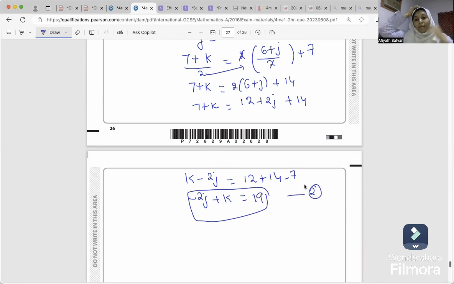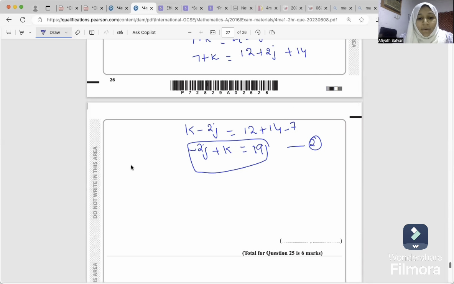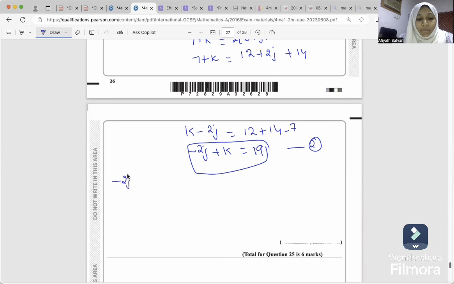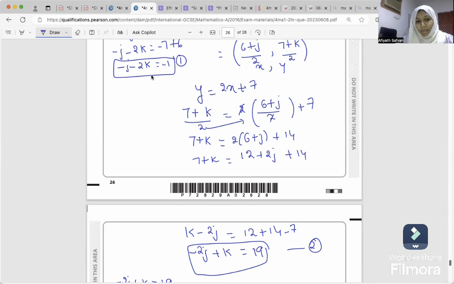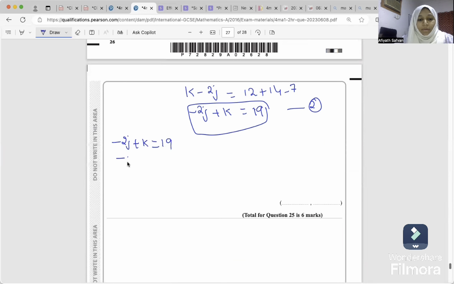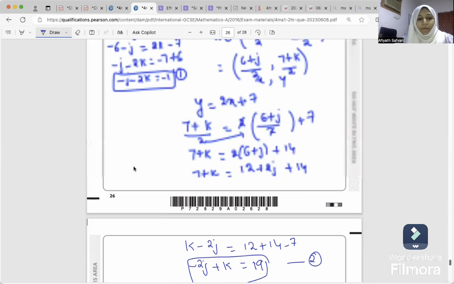And we need to solve these two equations together. So let's write these two equations now. Minus 2j plus k is equal to 19, and my first equation, minus j minus 2k is equal to minus 1.